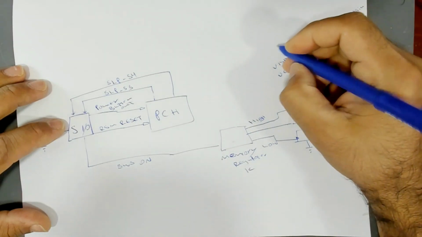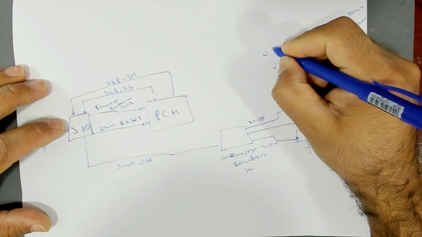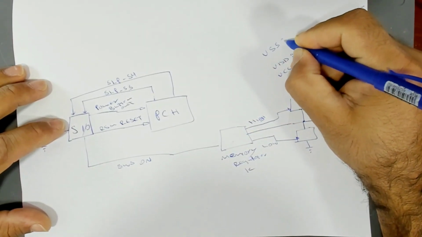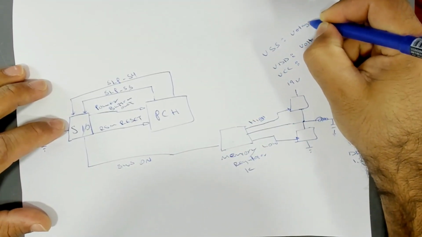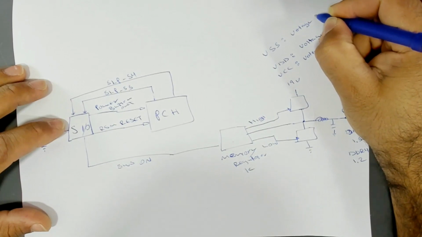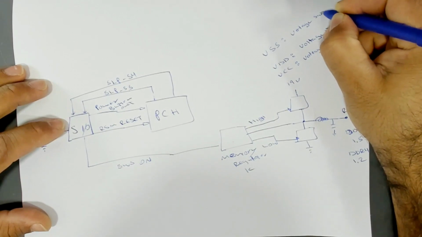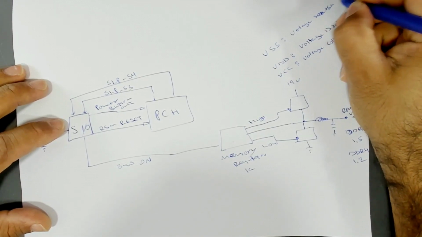If you find it VSS, this means voltage source supply.